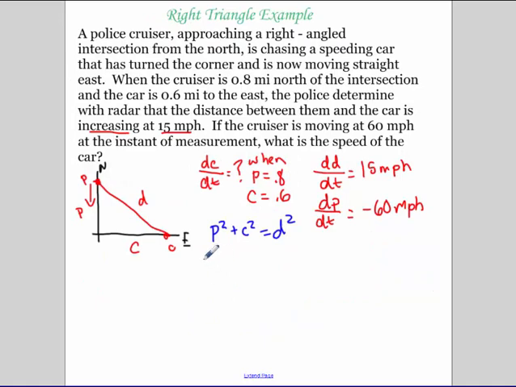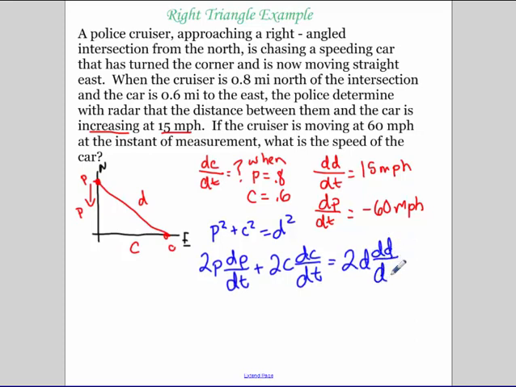So then I'm going to take the derivative with respect to time. Okay, so now you can divide everything by 2, so I'm just really going to kind of ignore these 2's in here. So now I'm going to fill in.